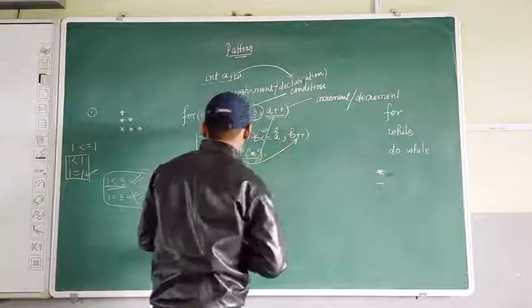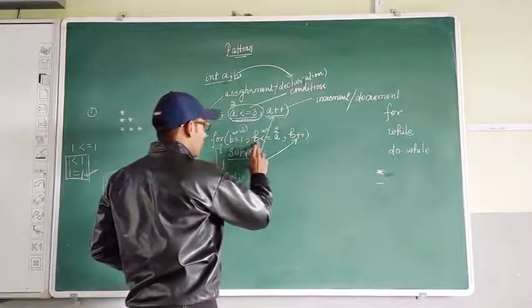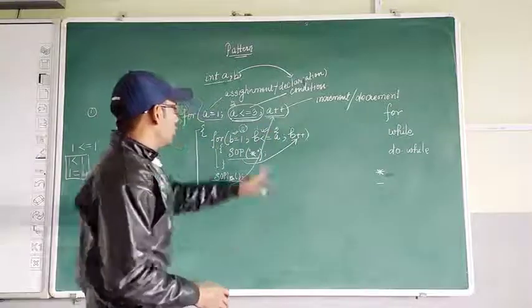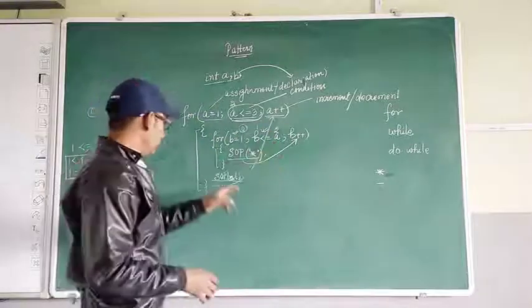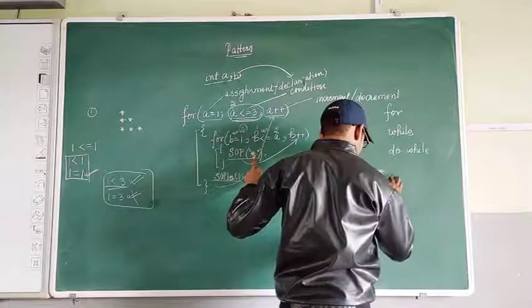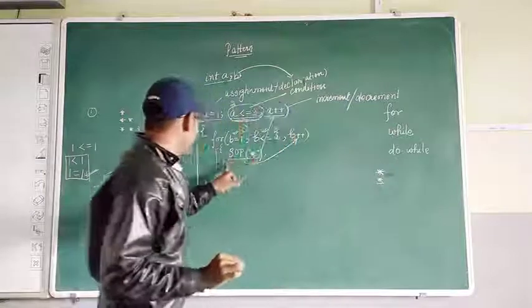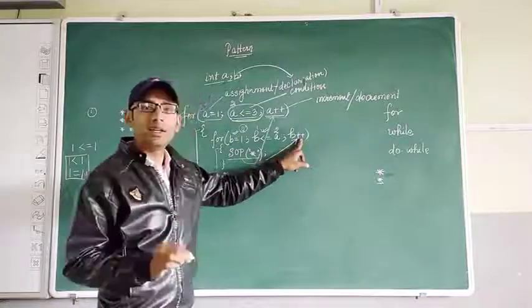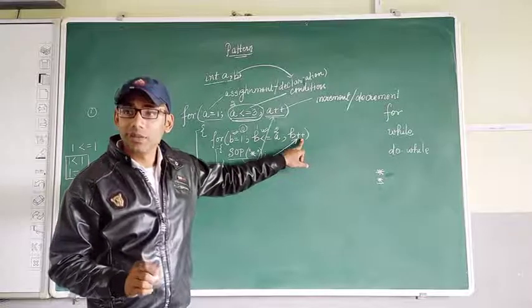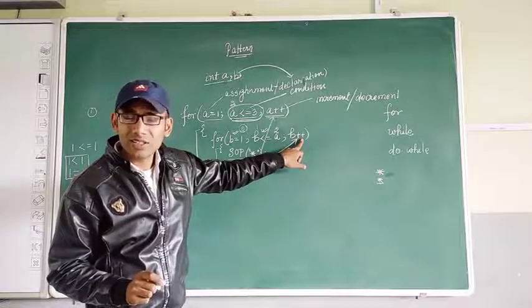b++. So the value of b is 1, less than or equal to a. That means 2. System.out.print star. Again the end comes. b will be raised.